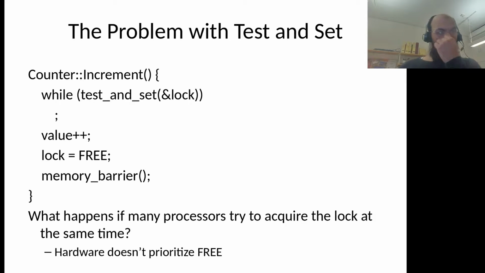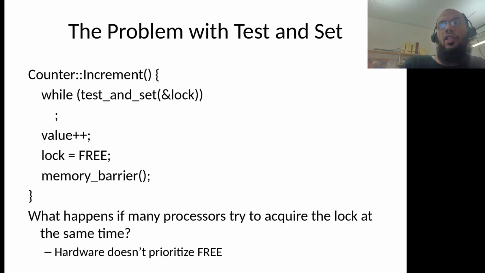And last time we started talking about that there is a problem with test and set. The main problem is that if you look at this code, where you have a counter, the increment function, that uses the test and set atomic function to have a lock on some data, which is in this case the value, and then you increment the value plus plus, and lock is free.